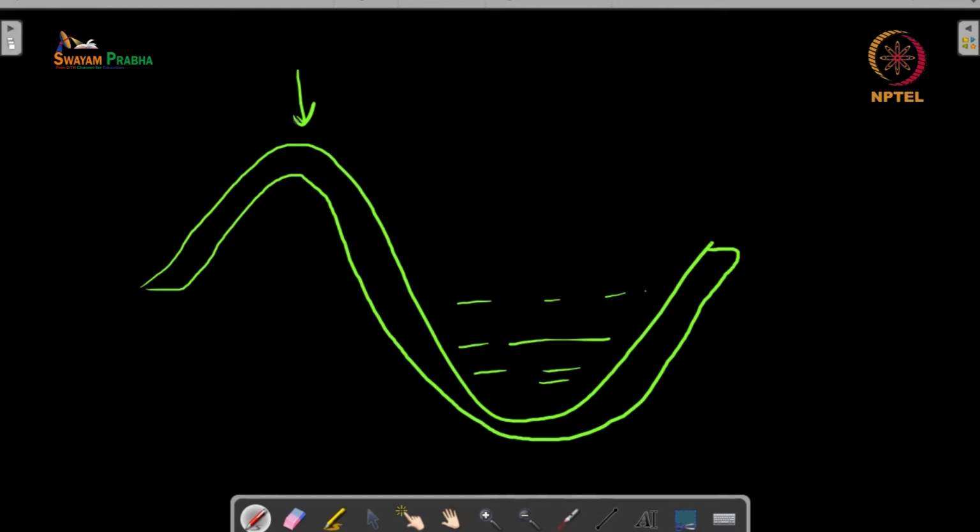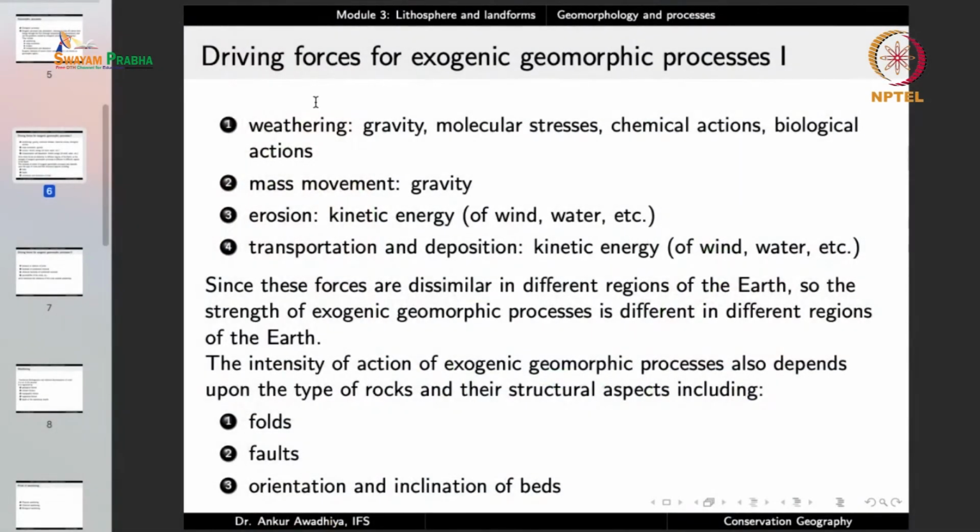And so if there are certain chemicals that are acting to denude these rocks, then the amount of action in this area will be much larger as compared to the amount of action in this region. So folds can affect the intensity of action of the exogenic forces.